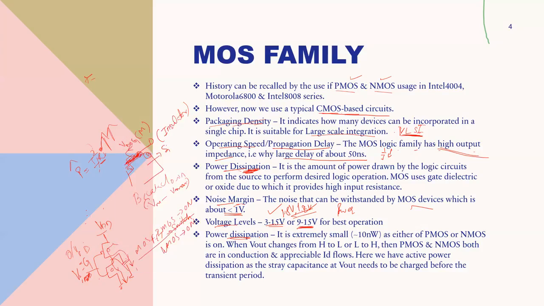Current will start flowing from VDD to ground. Right? The ID current that you study will start flowing from VDD to ground across PMOS and then NMOS. So this is known as active or dynamic power dissipation. Okay, so this is another kind of power dissipation that will happen.